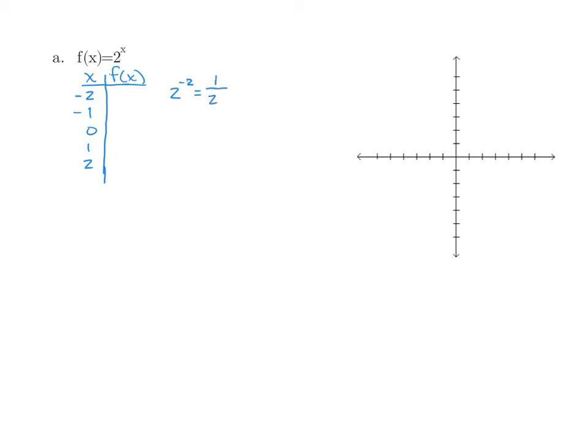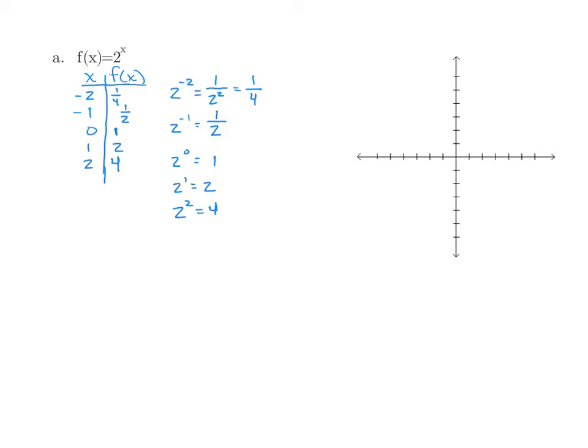So this is going to be 1 over 2 squared, or 1/4. 2 to the -1 is going to be, again, a reciprocal exponent, so we're going to have 1/2. 2 to the 0, anything raised to the 0 power is 1. 2 to the 1 is 2, and 2 squared is 4.